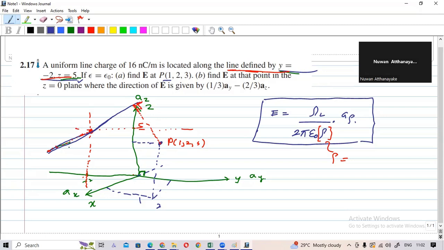If you consider this point in the z-y plane, the point coordinate is 5 and -2.